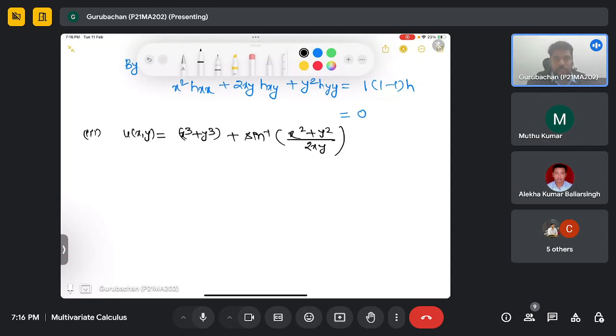So we need to apply the chain rule over h. Since h is a function of x and y and we know that h can also be written in terms of u, then we can write h_x as h_u and u_x. In a similar way, we can find the higher order derivatives also.